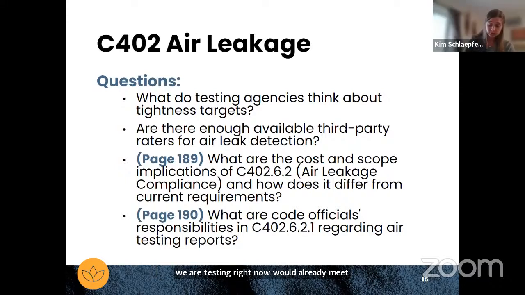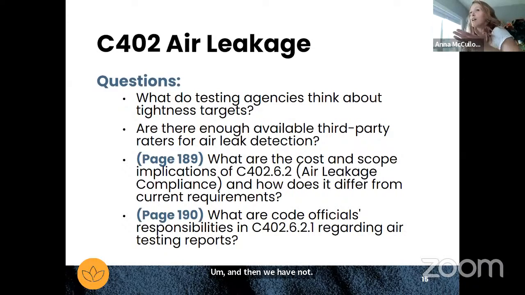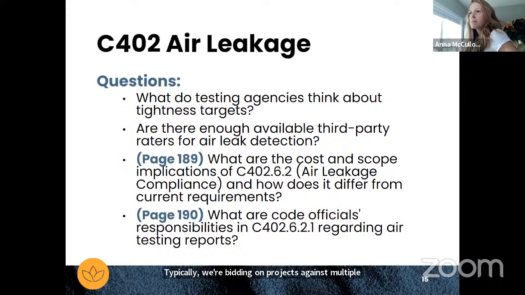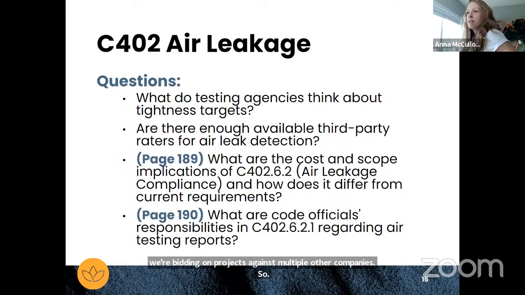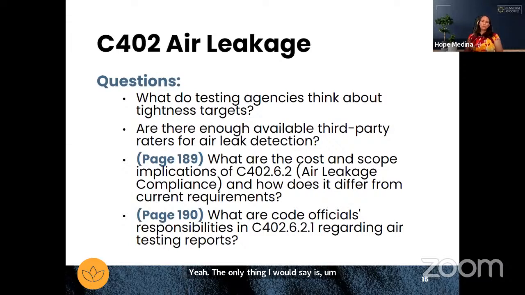And then we have not seen that there are not enough third-party raters for air leak detection. Typically, we're bidding on projects against multiple other companies, so there seem to be quite a bit to go around.